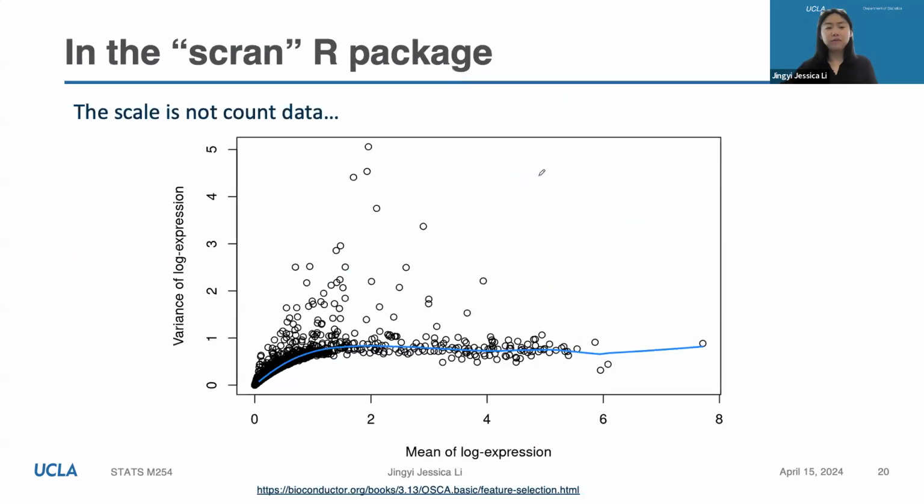While here, you are doing variance of log, mean of log. So which one do first? That will also affect how you define highly variable genes. But in the Seurat package, the highly variable genes we want to pick out are those, basically, the genes whose variance are clearly big given their mean. So the intuition is the same, but the implementation is different.